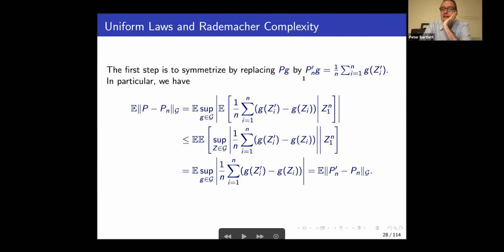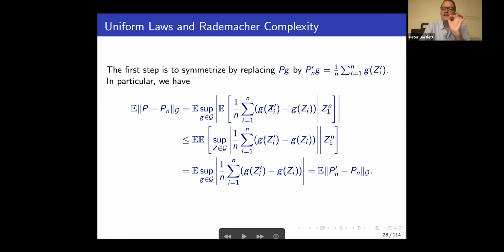So the first step is to say, well, look, we're interested in the difference between an expectation and a sample average. Well, we can rewrite that first expectation as an expectation of a sample average under an independent sample. So what I've written here is a conditional expectation, where we fix the sample, Z1 through Zn. So these are just fixed numbers.